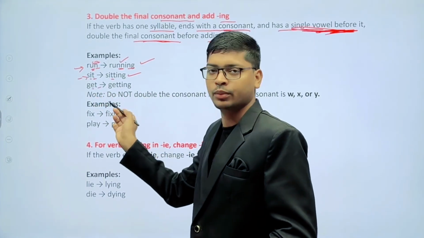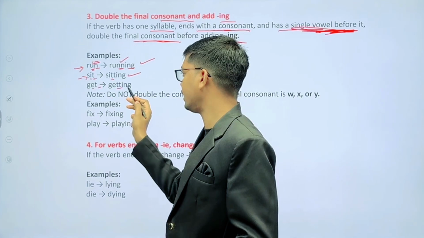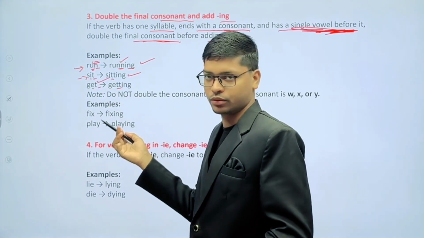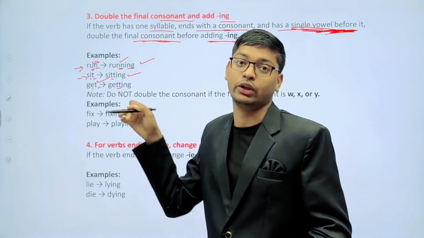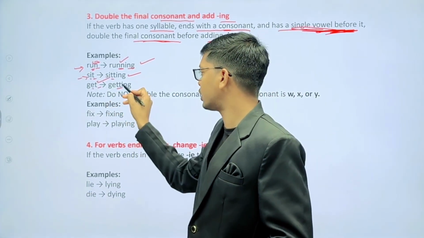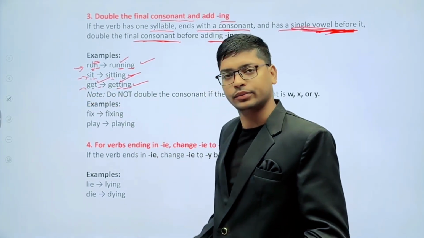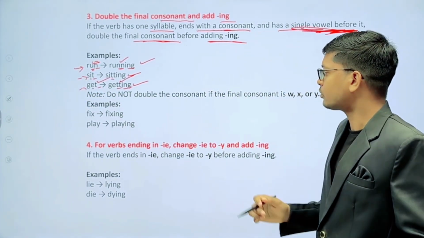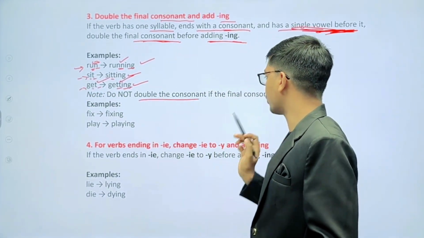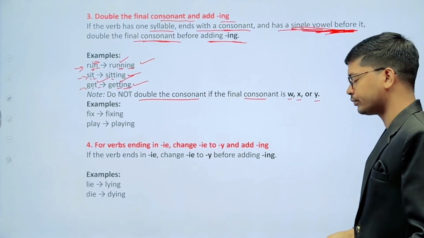Get: here before t, e is a vowel, and t is a consonant with one single vowel before it, so just double t and add ing. Get to getting.